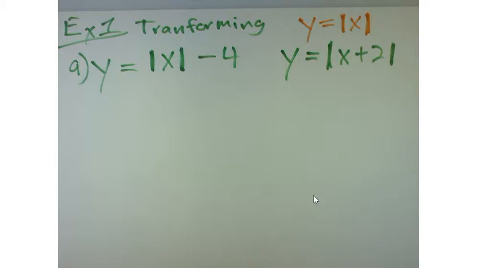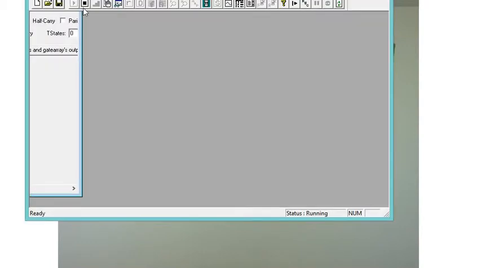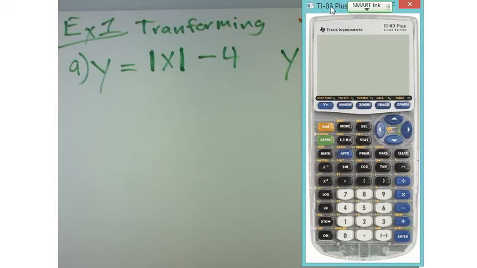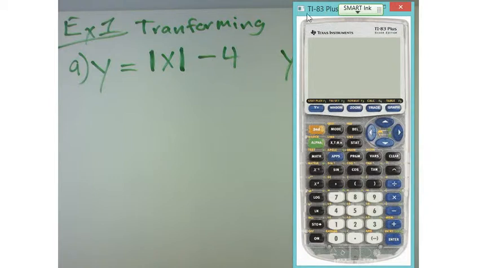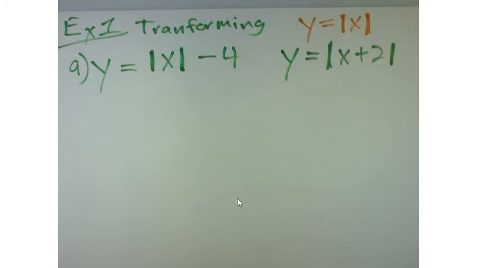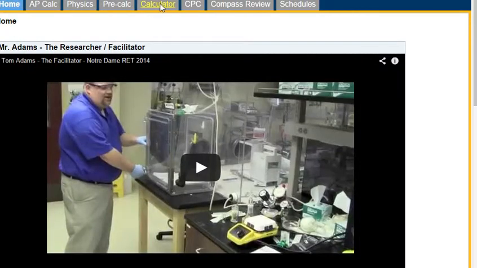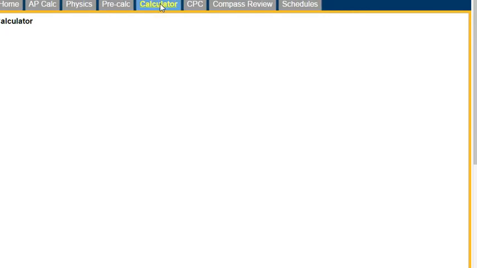So the first thing I want us to do is graph the parent function and then take a look at it. Actually, I'm going to use a different grapher, the grapher on my website, because it does the graphs in different colors, and maybe that'll be a little more helpful for you to see.